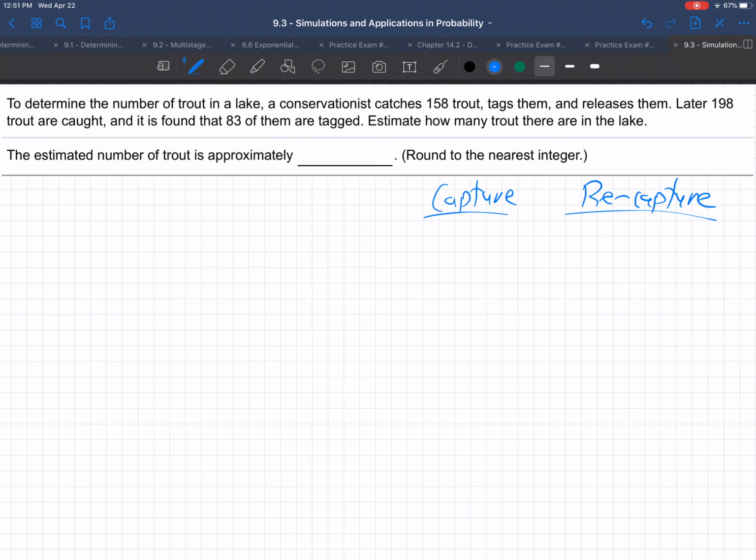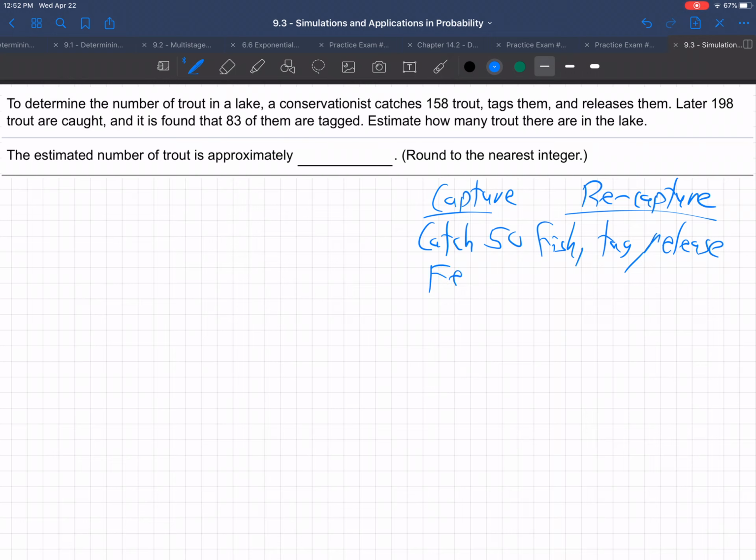So let me give you the idea before I give you the specific formula. Just imagine we catch 50 fish, tag and release.